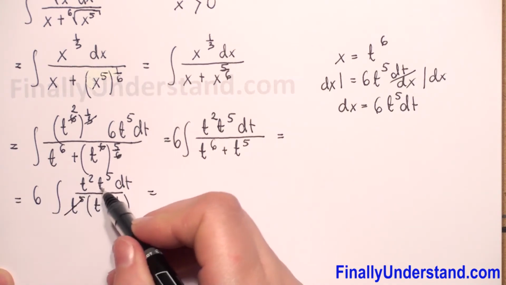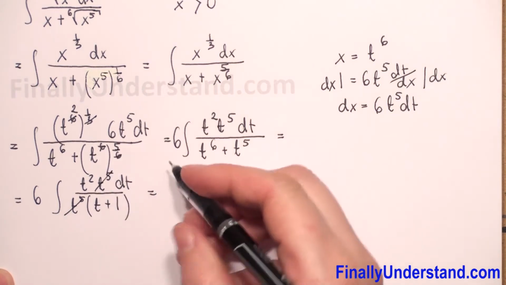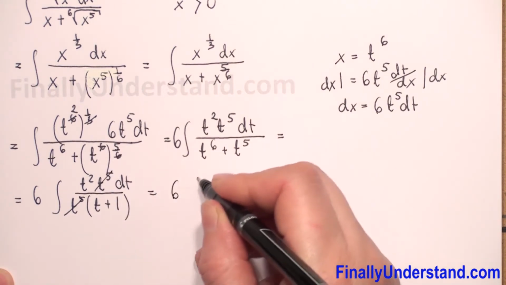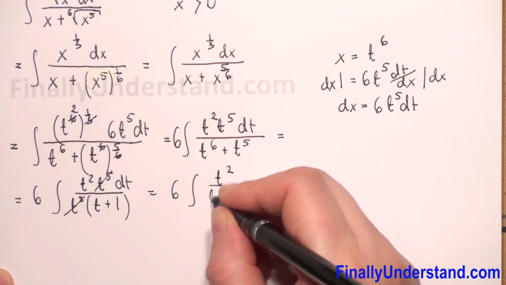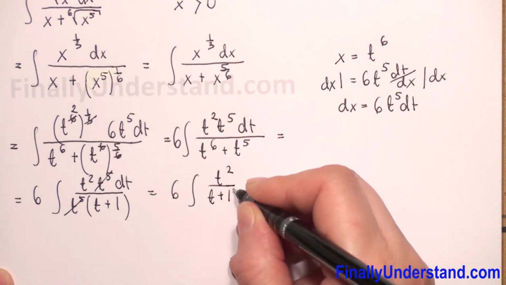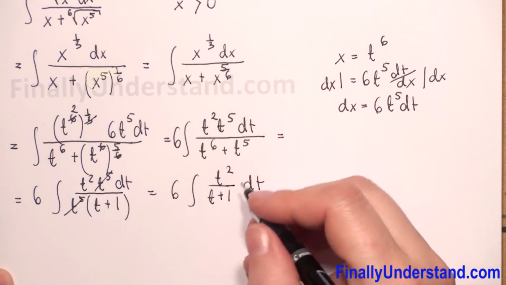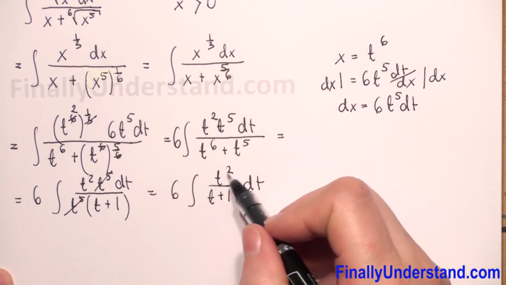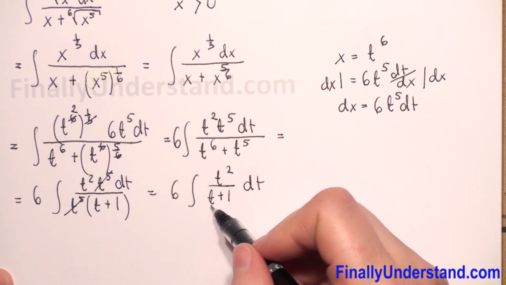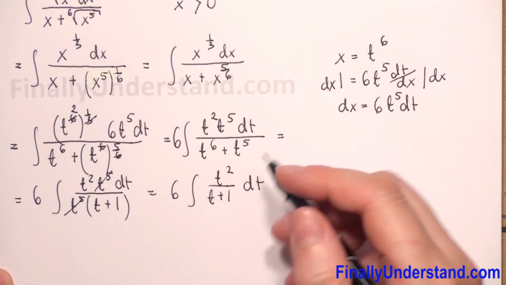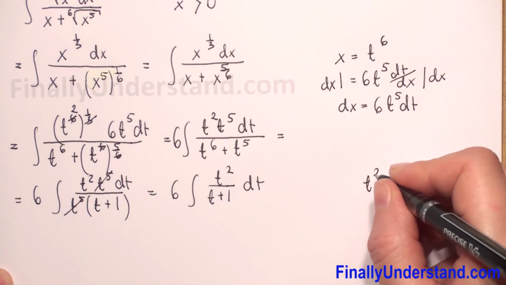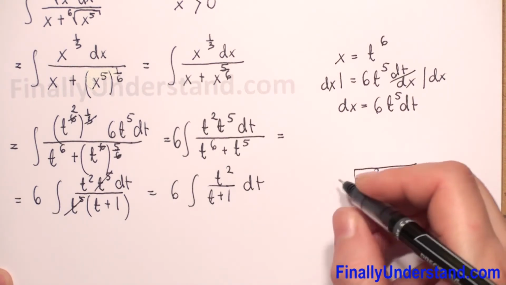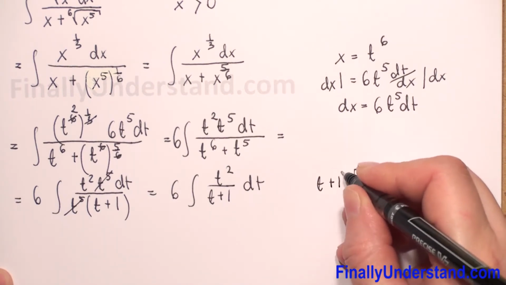Now we can reduce t to the 5th power, and we have 6 times the integral of t squared over t plus 1 dt. Because we have in the numerator t to the 2nd power and in the denominator t to the 1st power, we will do long division. We have to divide t squared by t plus 1.